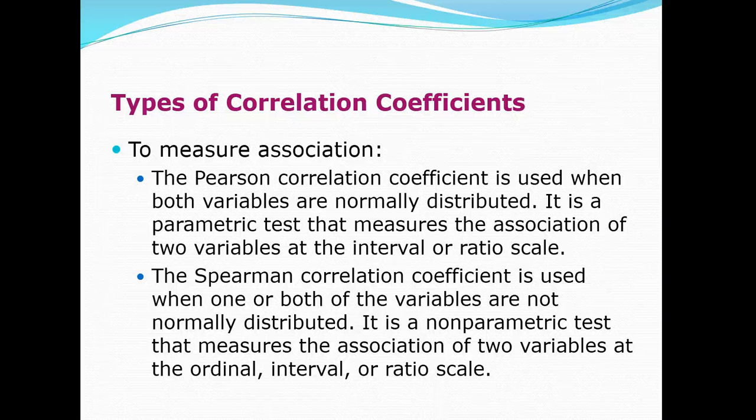Pearson is a parametric test, and the minimum requirement for Pearson is that the 2 variables must be at the interval or ratio scale type of data. If they are not interval or ratio type of data, then you can use the non-parametric equivalent of Pearson, and that is the Spearman's correlation coefficient.